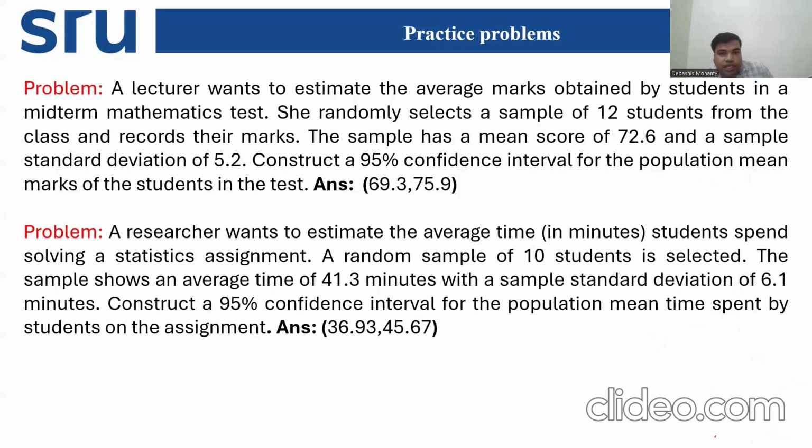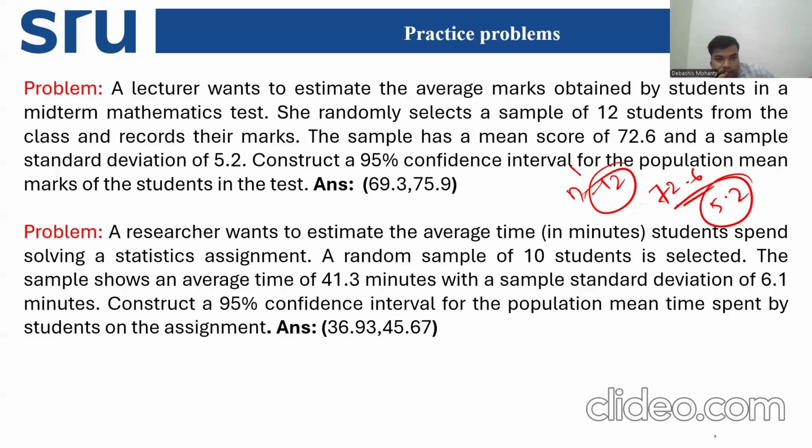So here are two practice problems for you. Try to read this question carefully. The lecturer wants to estimate the average marks obtained by students in a midterm mathematics test, and a random sample is taken. The n value given here is 12 students, the mean score is 72.6, and the standard deviation is 5.2. So what do we have to apply here?